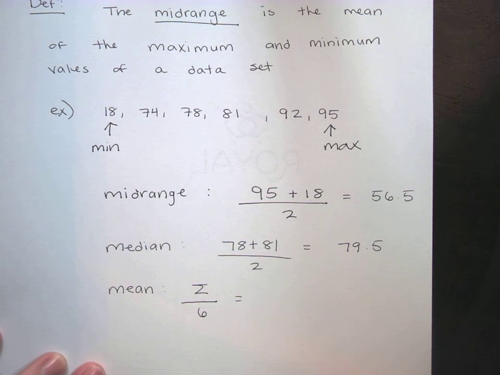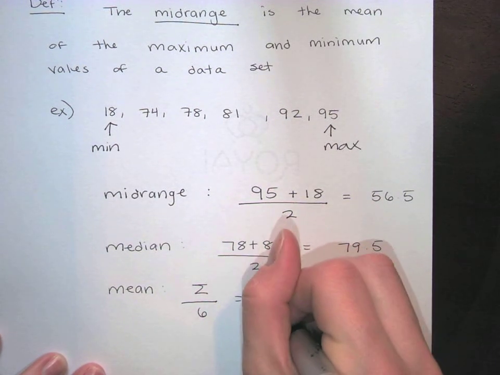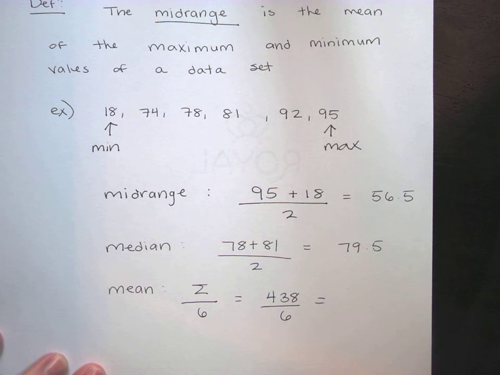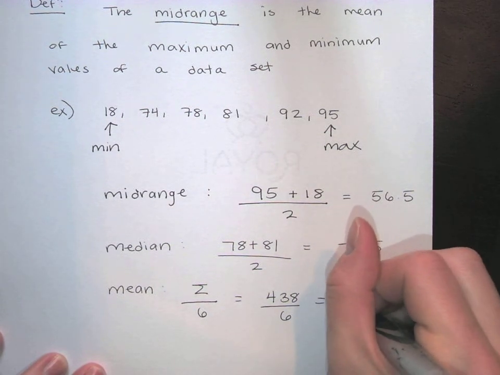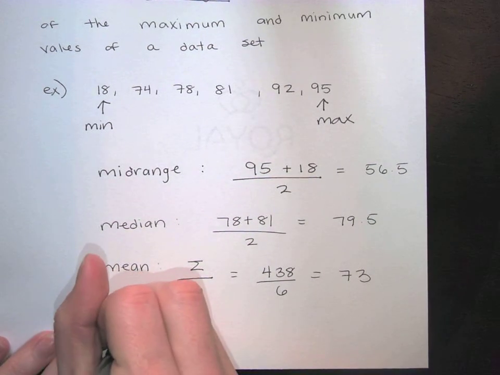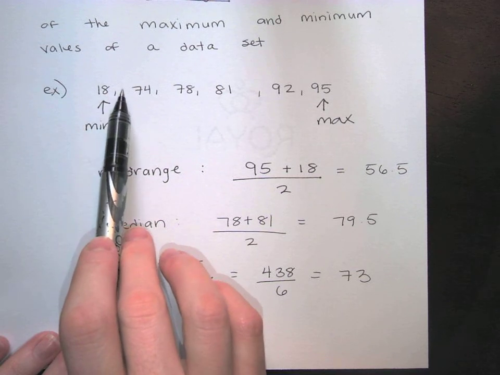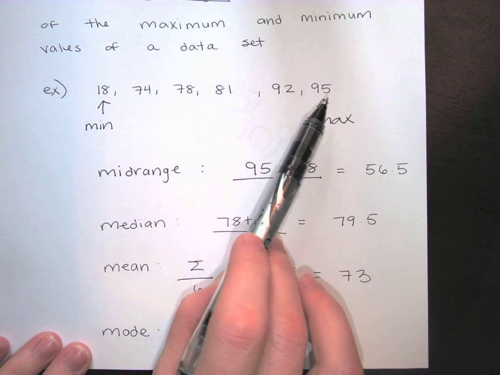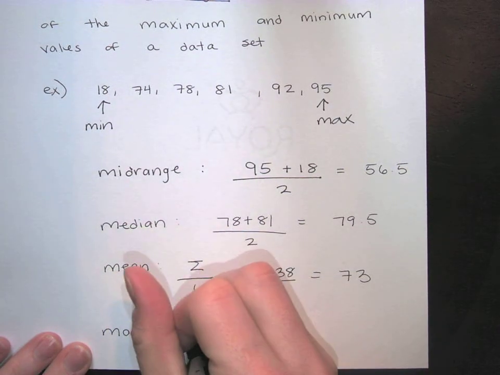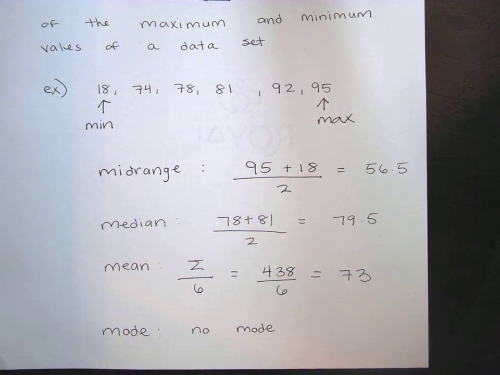So 18 plus 74 plus 78 plus 81 plus 92 plus 95, 438, divided by 6 is 73. And the mode, there's no number that occurs more than once in this set. So there's not a mode.